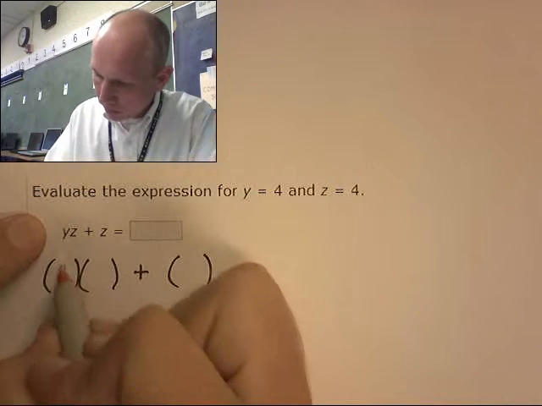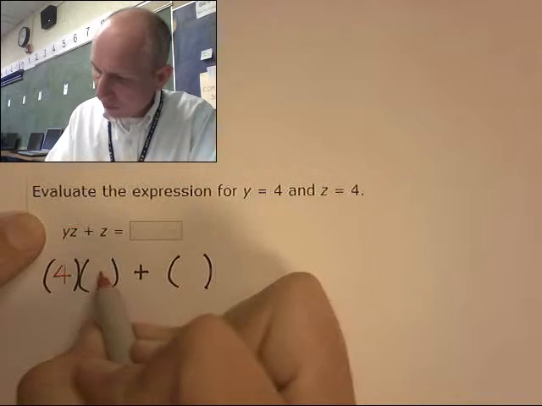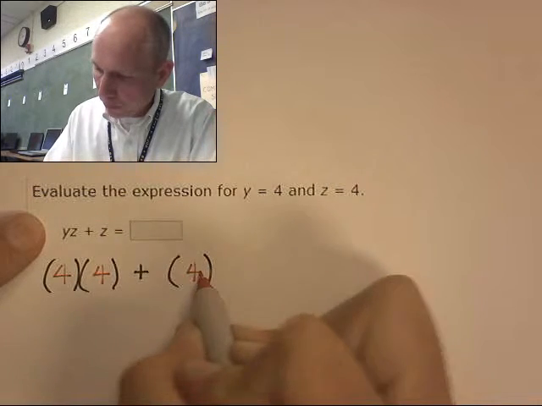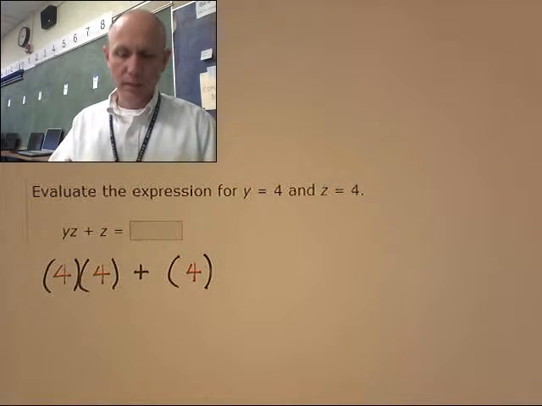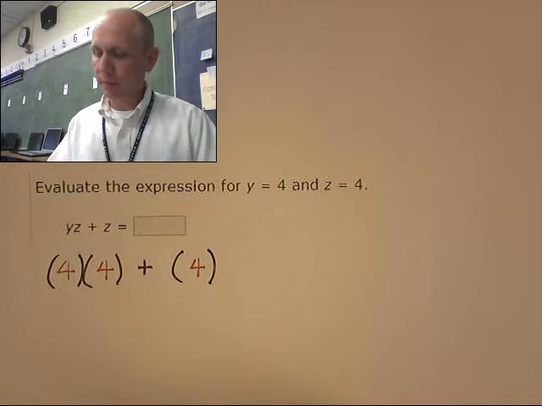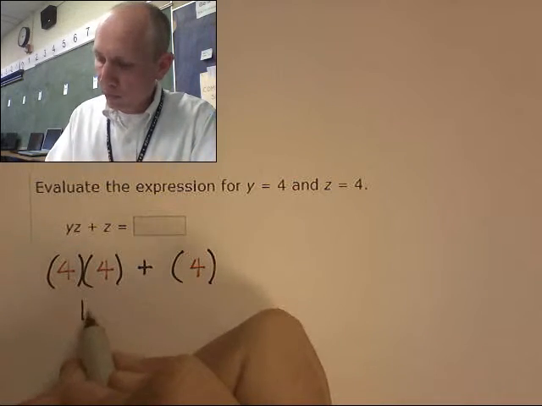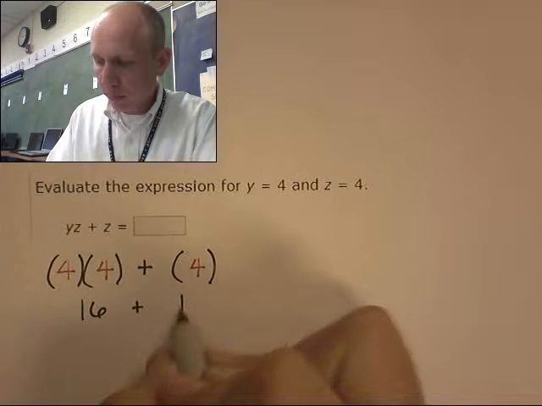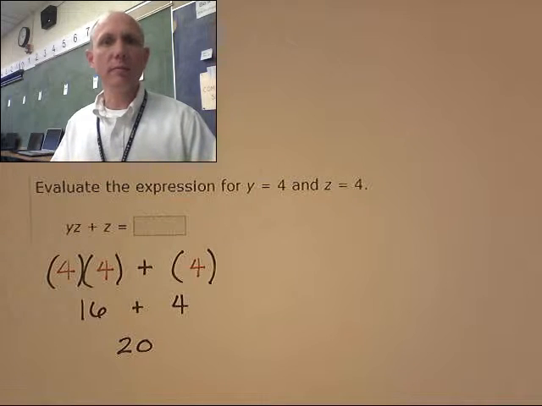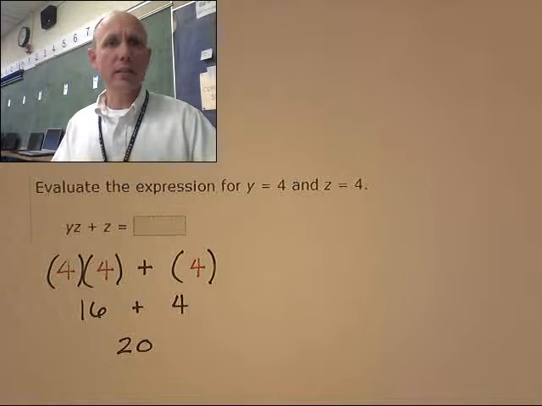Y gets a 4. Z gets a 4. And z gets a 4. It's not that exciting since the values are the same. 4 times 4 is 16. Plus this 4 gives me 20. Sound effect!